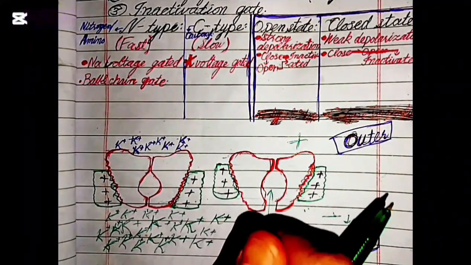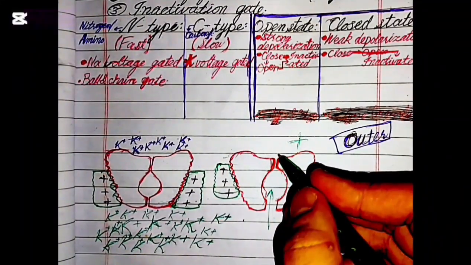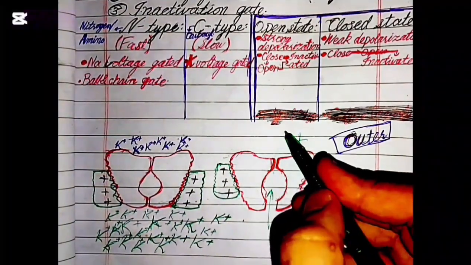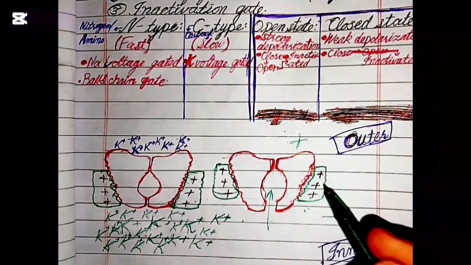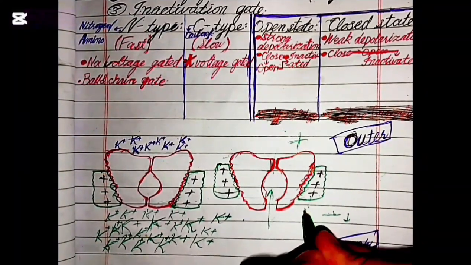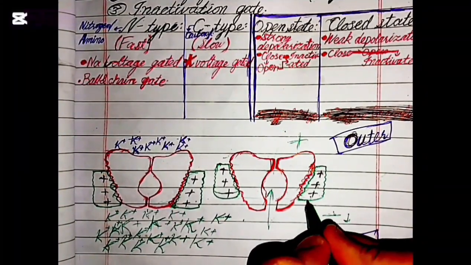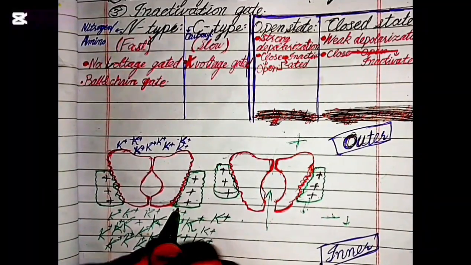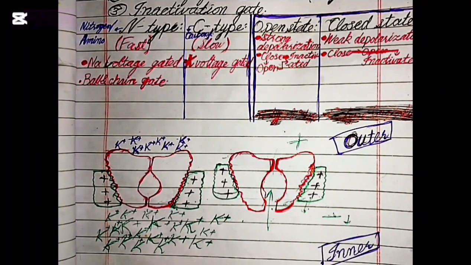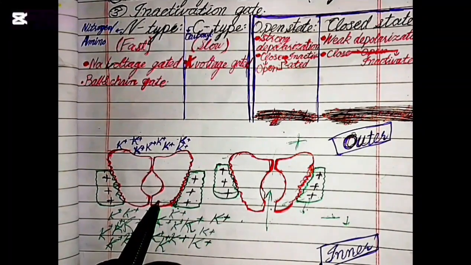As this selectivity gate selects only potassium, potassium goes out. After the membrane is repolarized, the negative and positive attract each other, the voltage sensor comes down again and pushes the activation gate, and it retains its original position.